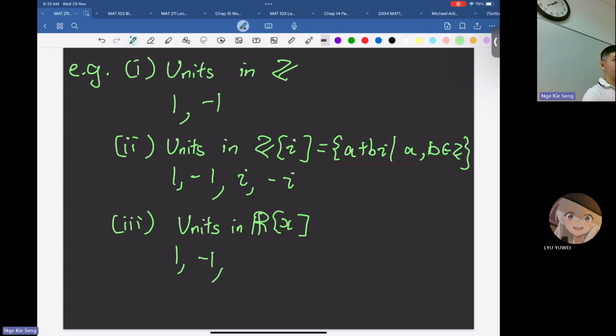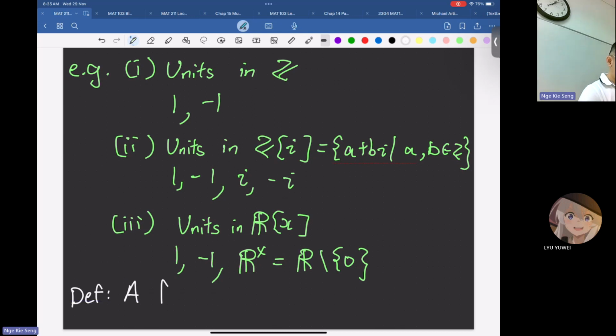Every non-zero element in there, which is just R cross, R with the 0 thrown away. So every non-zero scalar is invertible, because you cannot invert x. Okay, so definition here.